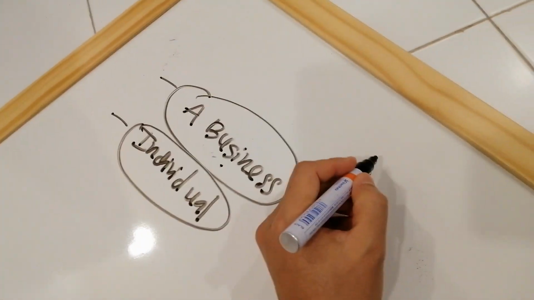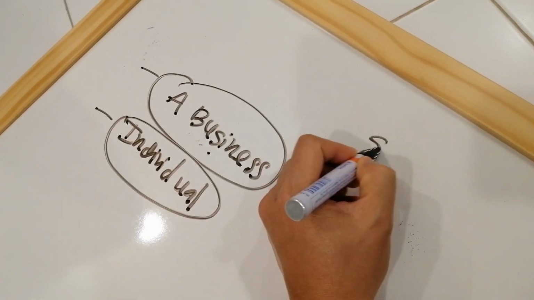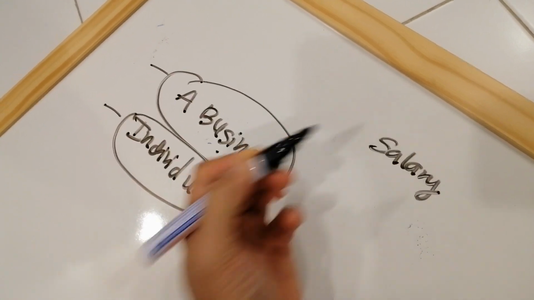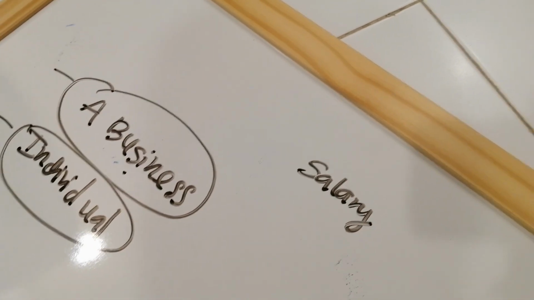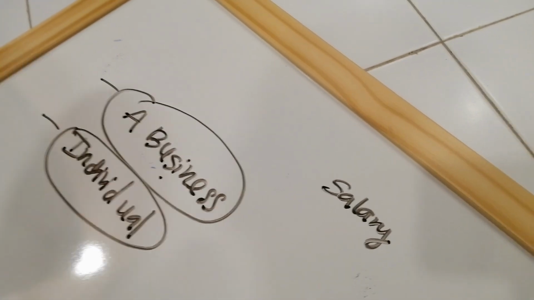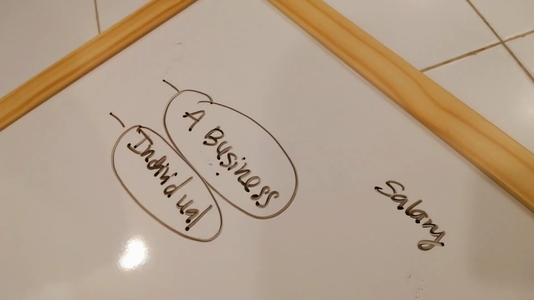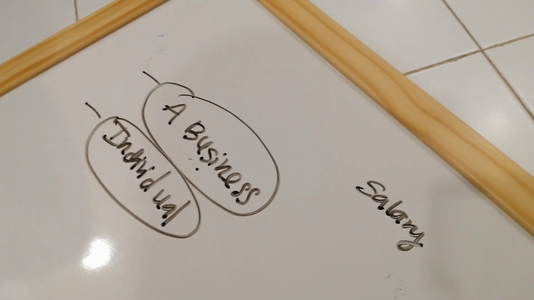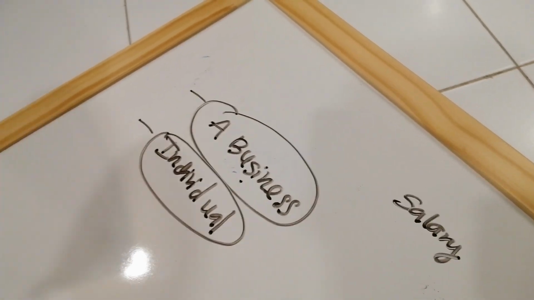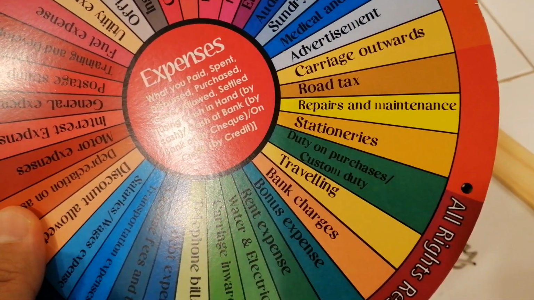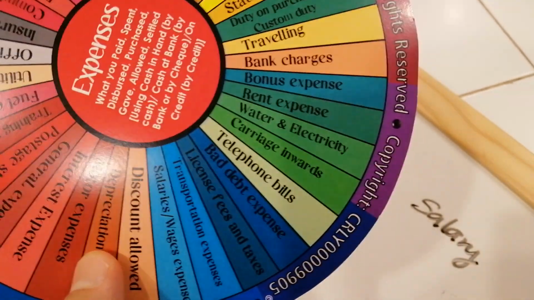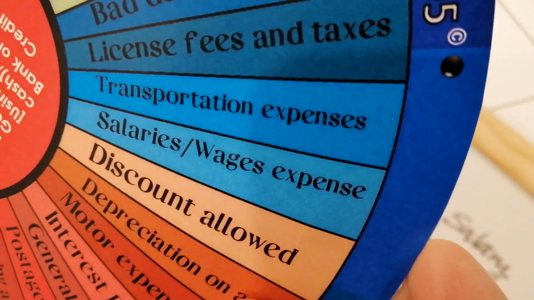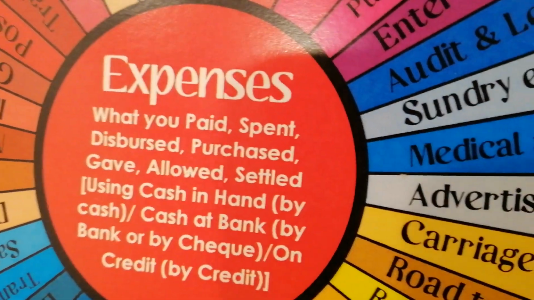Why? Because if we look at it, in accounting, we have salary. Salary, if you look in these 5 circles, this one, it will be under expenses. Okay, try to see where salaries are. This one. See? Salary and wages expenses is under the expenses wheel.